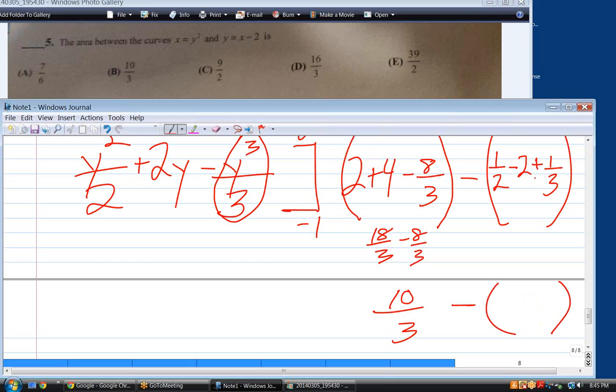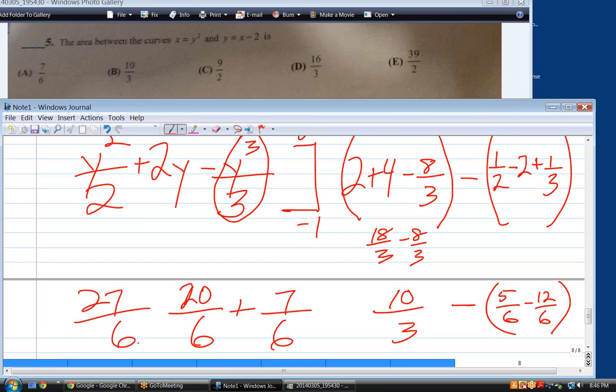And over here we have 3/6 and 2/6, so 5/6 minus 12/6. That's minus 7/6. So we have 20/6 plus 7/6, which is 27/6, the same as 9/2.